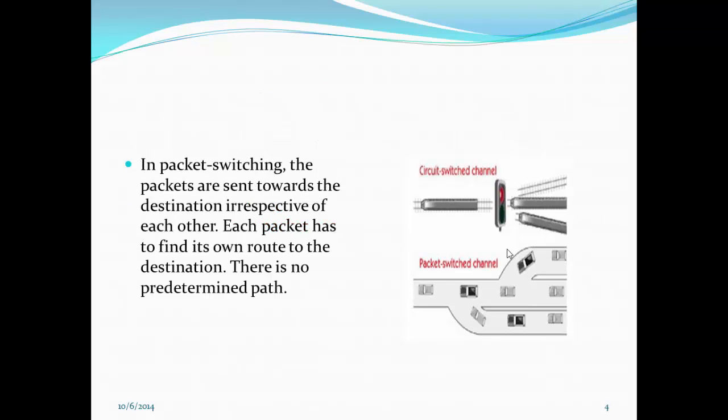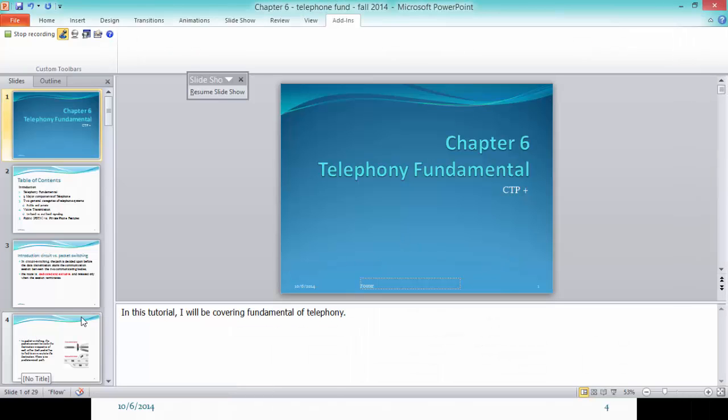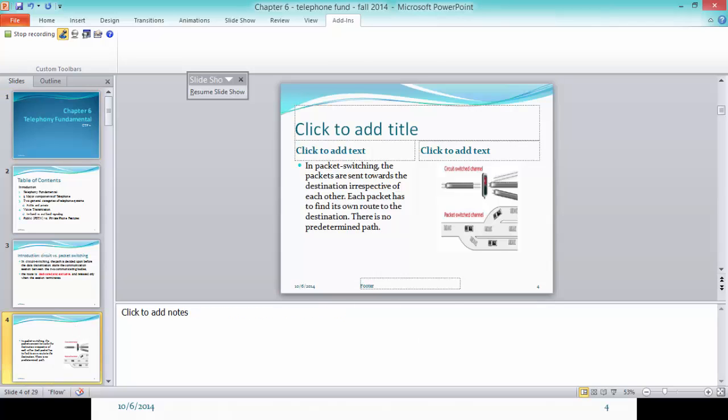In packet switching, the packets are sent toward the destination irrespective of each other. Each packet has to find its own route to the destination. There is no such predetermined path.